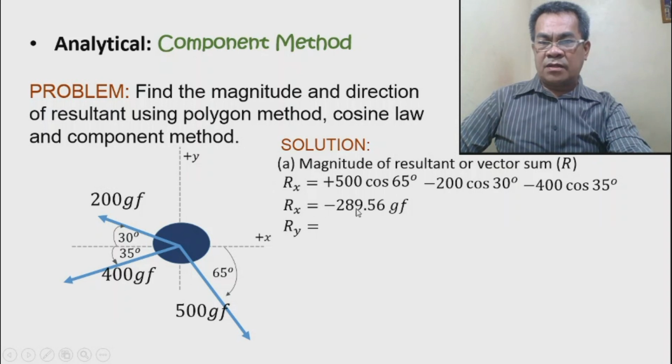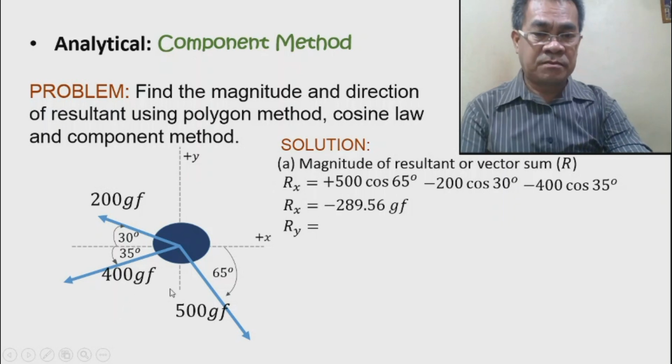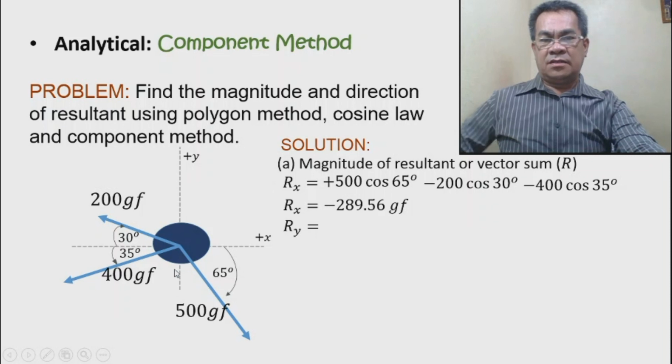The correct direction of R depends on the value of y. If it is positive, the resultant is located in the second quadrant. If it is negative, the resultant is located in the third quadrant.